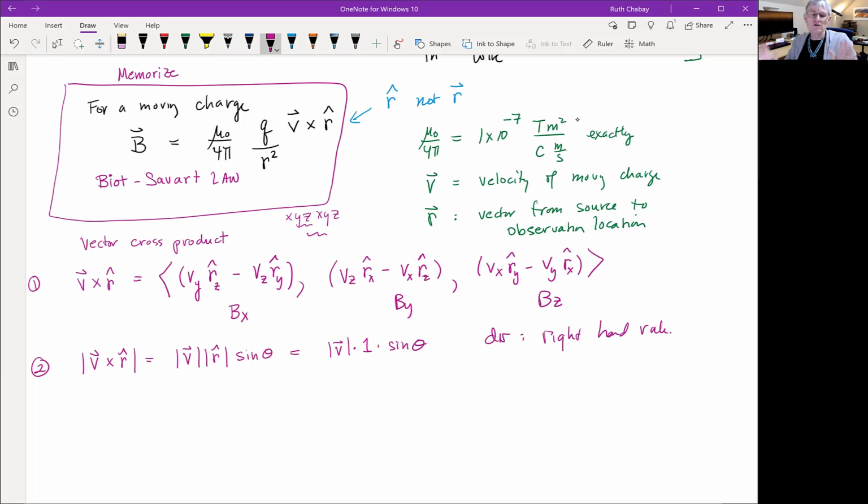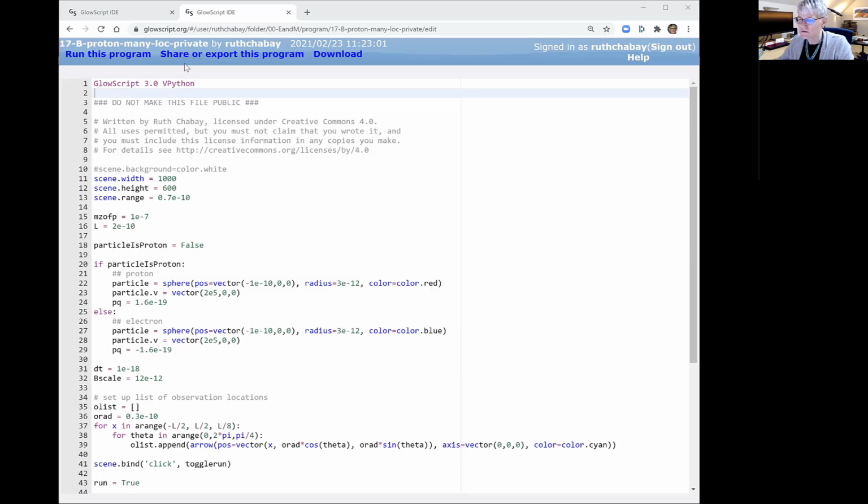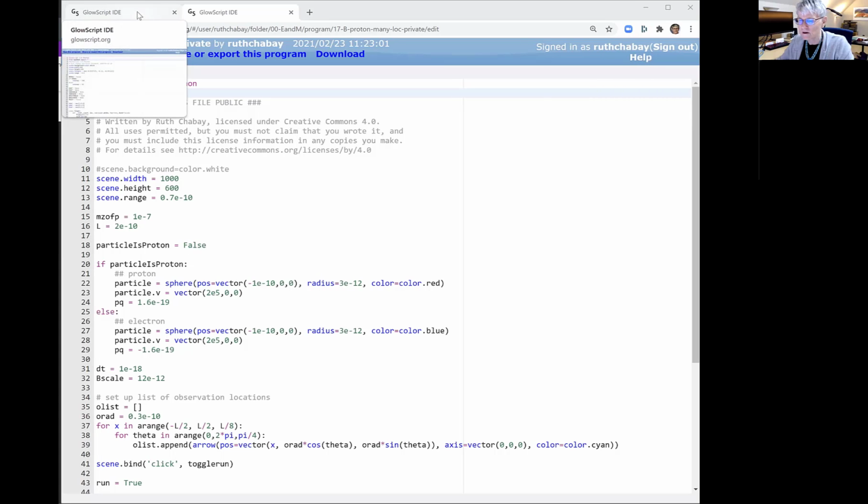So getting directions with the right-hand rule is super, super important. And so when I had power last week, I actually wrote a little program to illustrate how we do this, which I'd like to show you. So here's VPython.